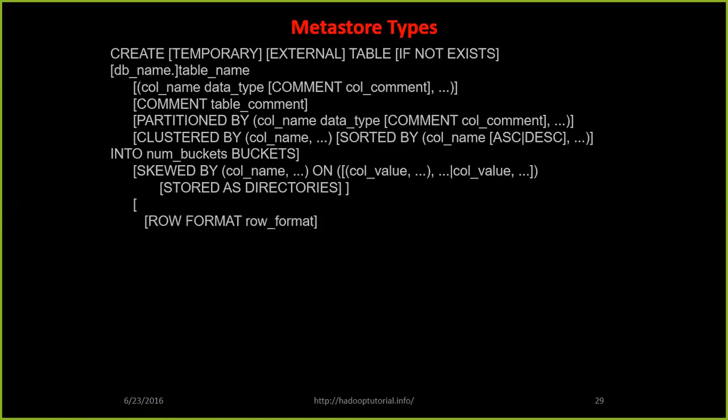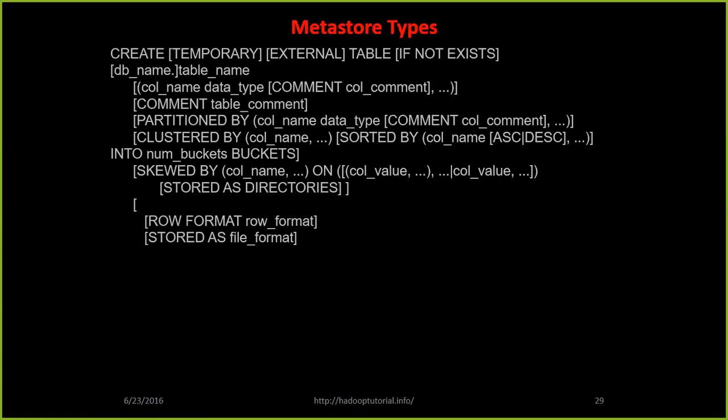Next, I have row format delimited, if my input file has, as shown yesterday, fields separated by comma and collection items separated by colon, and map keys separated by hash or any other delimiters that are of your interest.